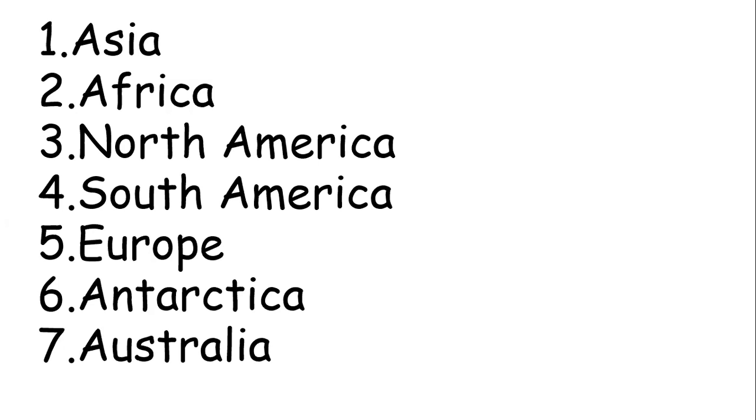So, as you can see, a lot of these continents begin with the letter A. How many continents begin with the letter A? Awesome job. How many continents begin with the letter E? Now, we know from last week that A and E both are consonants.